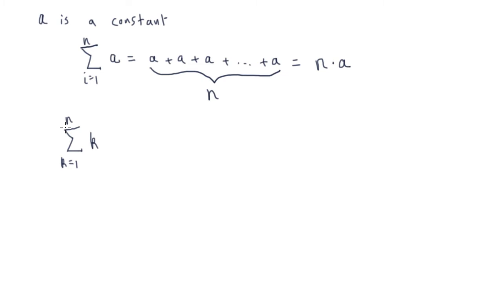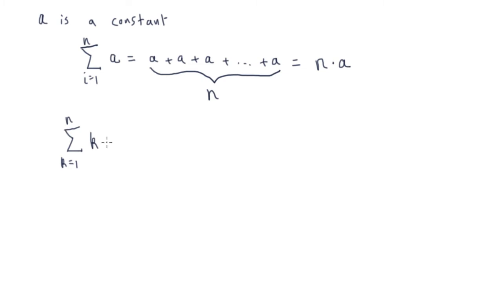This is the sort of thing that happens when we're looking at areas under a curve. We want to break up something into n pieces where n is an arbitrary number, and then maybe later take the limit as n goes to infinity.